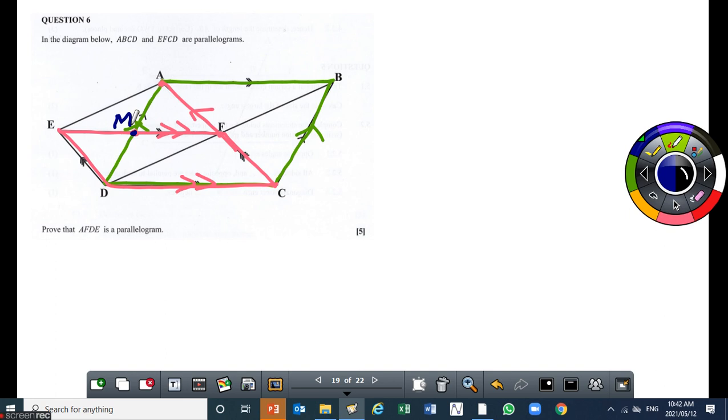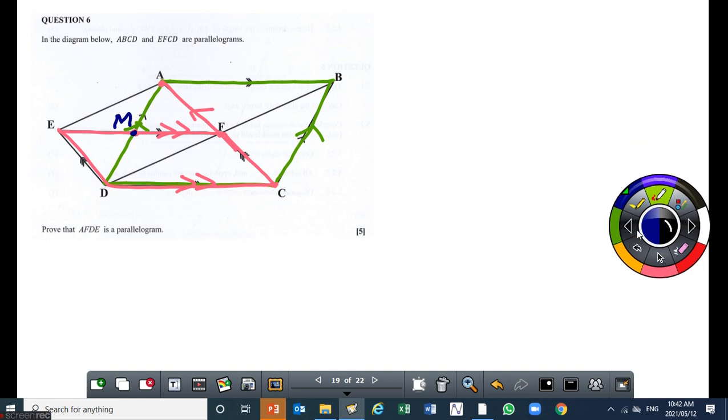Once I've named this point here, I'm going to use my knowledge of congruency. Here I'm going to make the assumption that I didn't do method 1, so I have to start from scratch.